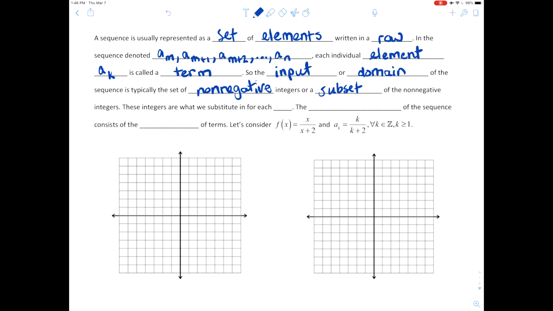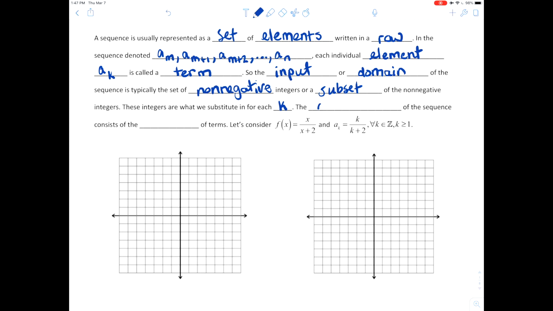Often we do have infinite series, but right now let's focus more on the finite series. I'll show you what they look like, but in this particular section, we're not going to focus a huge amount yet. These integers are what we substitute in for each of these k's, or m's, whatever the subscript of the sequence is.